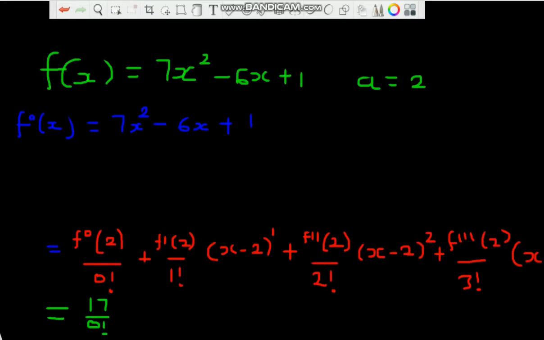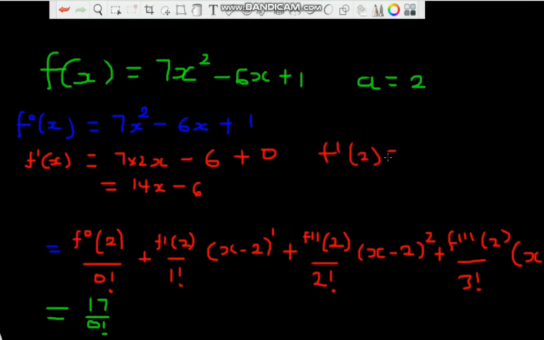So the first derivative of this function, that's f prime of x, will be equal to 7 times 2 multiplied by x, that's the derivative of x squared, minus 6, that's the derivative of 6x, plus the derivative of 1, which is 0. So this will give me 14x minus 6.